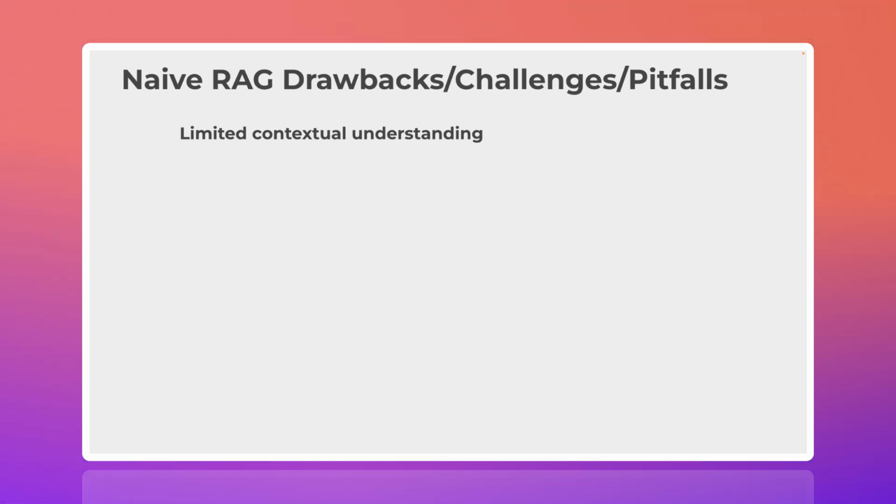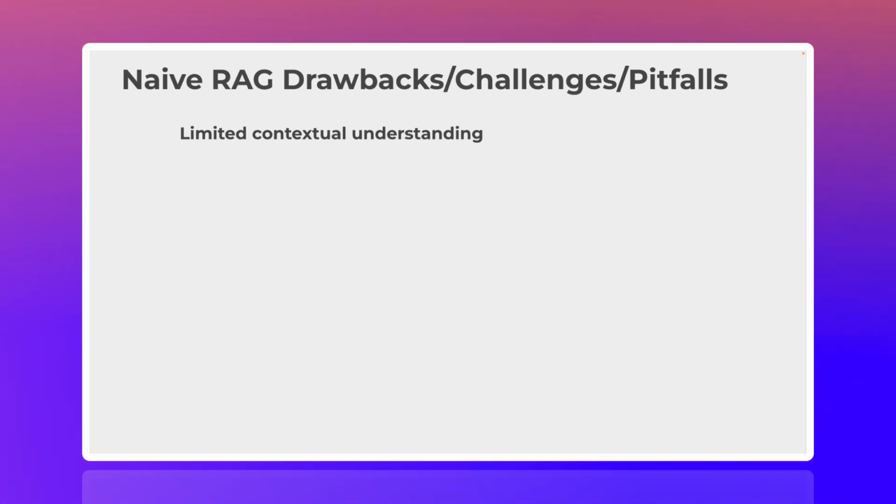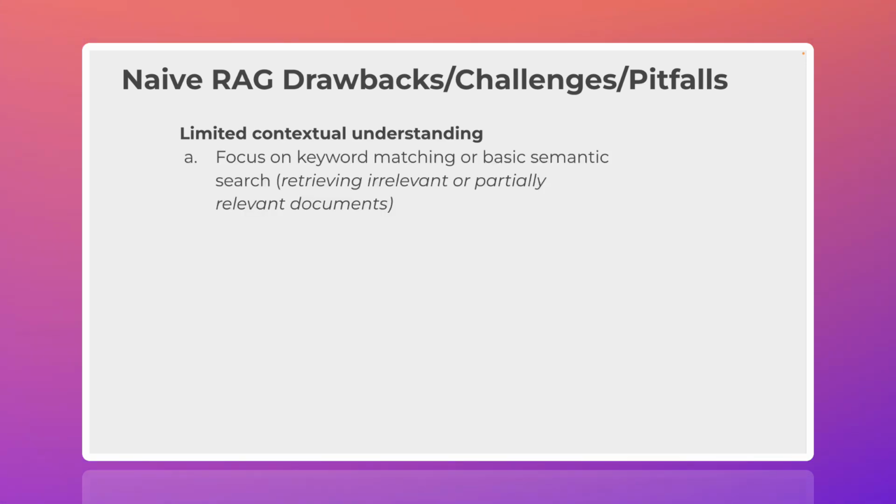Again, we understand that in naive RAG there is limited contextual understanding, with a focus on keyword matching or basic semantic search, in this case retrieving irrelevant or partially relevant documents. So essentially, as I said, we have a query, for instance, the impact of climate change on polar bears.